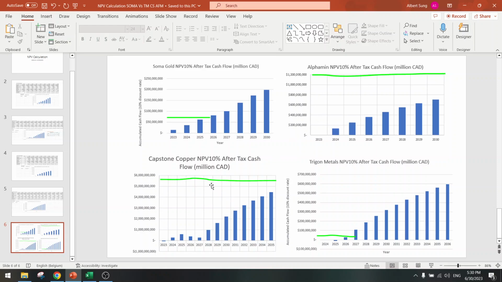Same with Capstone Copper. Much too overvalued. And the problem here is that they have a lot of capex. So not a lot of free cash flow. And if they decide to build that Santo Domingo project, then they will have even less cash flow. So a lot of risks.